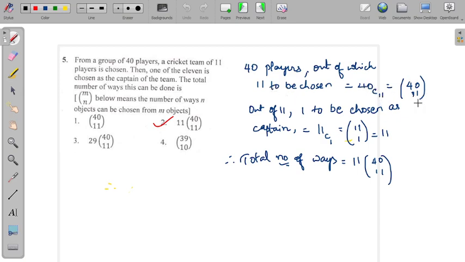Out of 11 we have to choose one captain, so from that 11 choose one captain, that is 11 ways. Now total number of ways, by the fundamental principle of counting, if this can be done in m ways, this can be done in n ways, m into n ways, so multiply this to 11 into 40C11. So answer would be the second option.